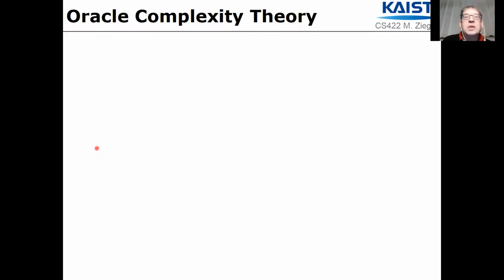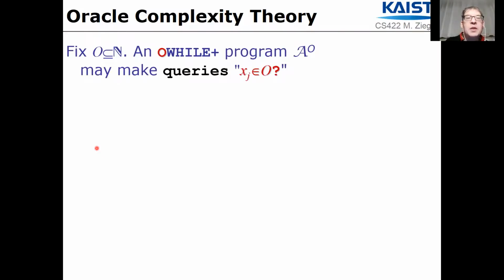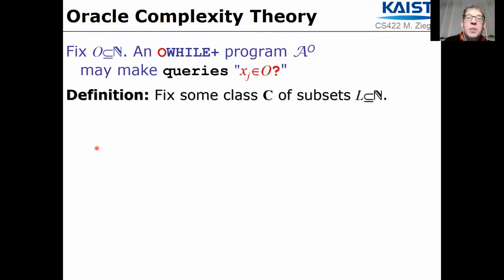And now we're going to do the same, extending the conception of P and NP to oracle complexity. Let us recall that an oracle while plus program can make queries whether one of its variables xj has a value which belongs to O, where O is a fixed subset of natural numbers, not necessarily a decidable one or a polynomial time decidable one.